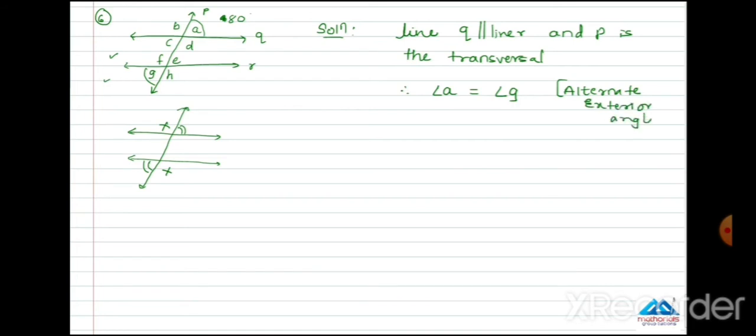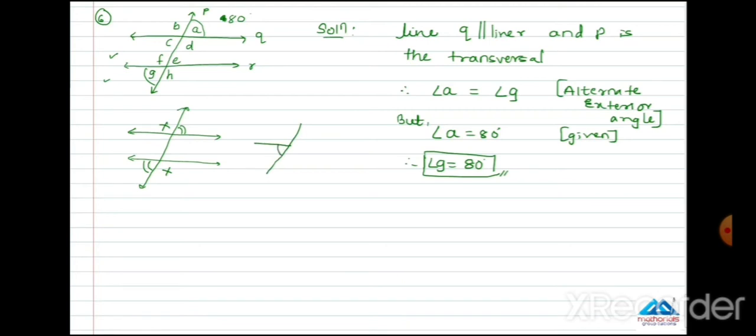In the question we have been given the value of A as 80 degree, so we can easily write G is also 80 degree. So G equals 80 degree. So here we found one angle, G, 80 degree, by using alternate exterior angle.